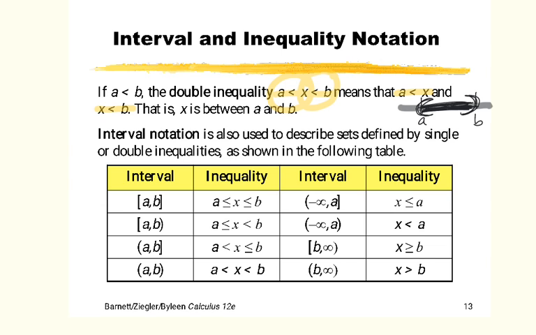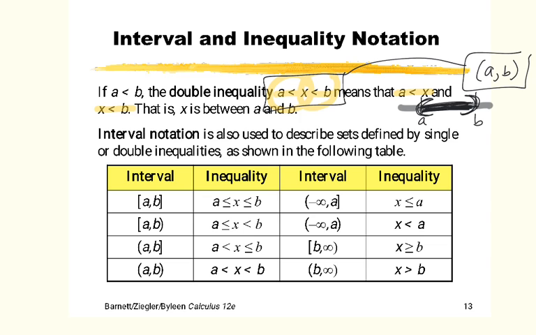Okay, and so if I were to give interval notation, the interval notation represented by X greater than A and X less than B would be given as the left endpoint to the right endpoint. So I have a parentheses, A, comma, B, parentheses. Okay, and both of these represent the inequality represented here.